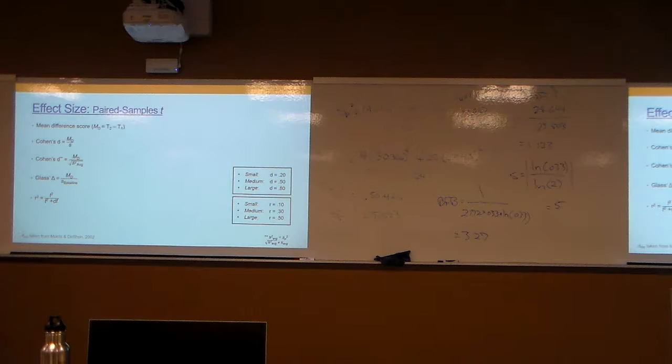We can also calculate Cohen's d. In general, generic Cohen's d is just the mean of the difference scores over our standard deviation estimate. The problem with the generic is, what standard deviation estimate are we going to use as our standardizer? That's where we have to start thinking about what's the best option. Now, in many cases, we can calculate Cohen's d as the mean of the difference over the square root of the average variances.